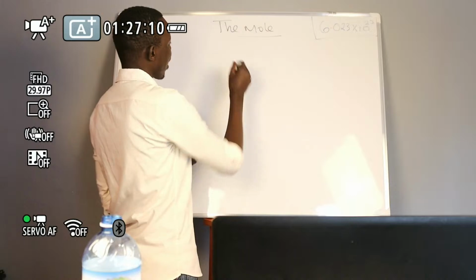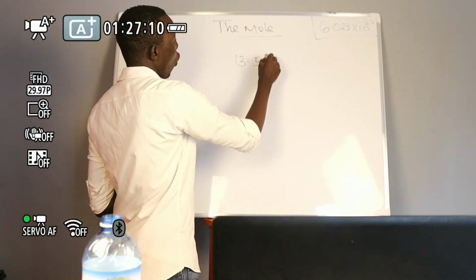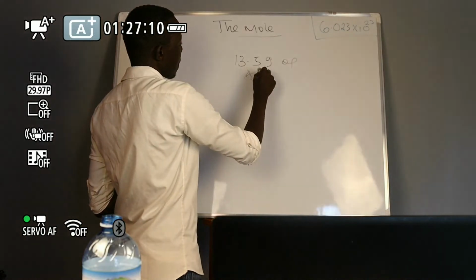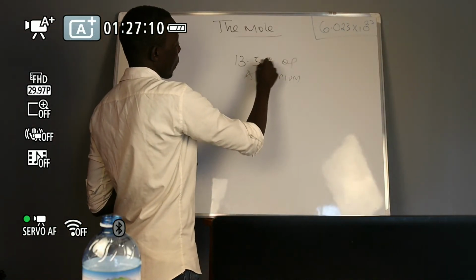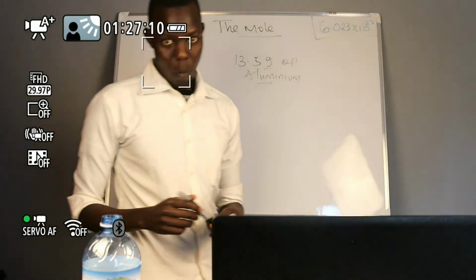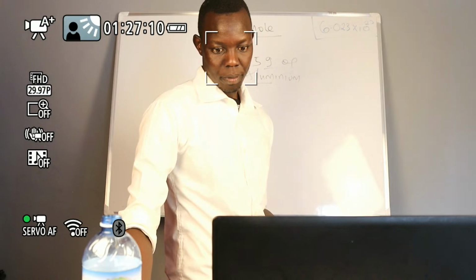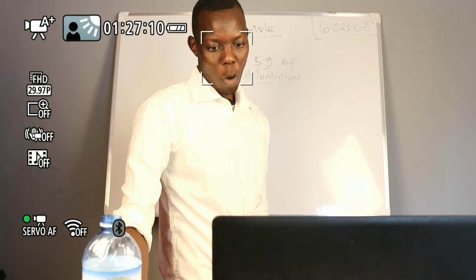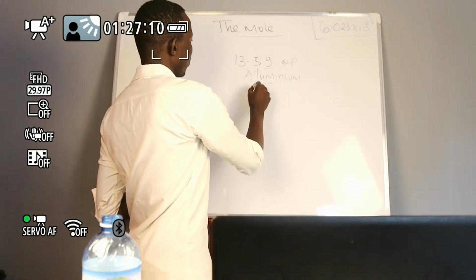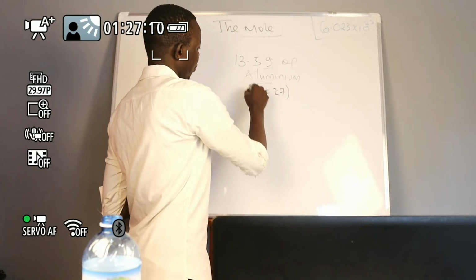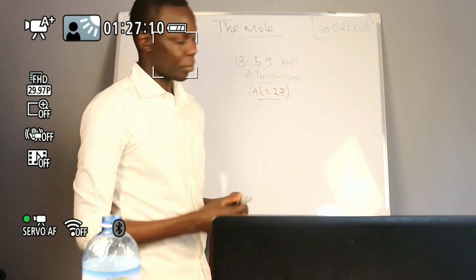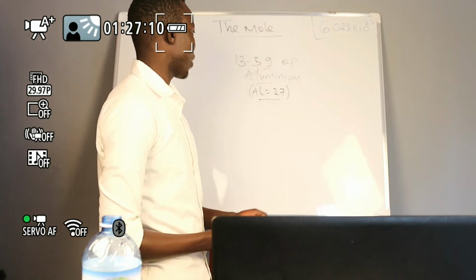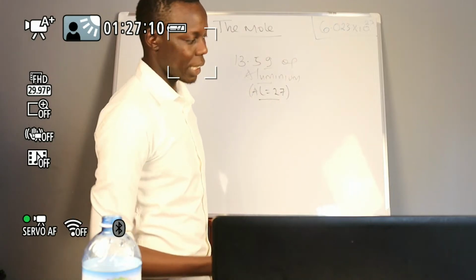Where will we start? Here below, write Al equals 27. Give me the answer: calculate the moles of 13.5 grams of aluminium, where aluminium has a molar mass of 27.